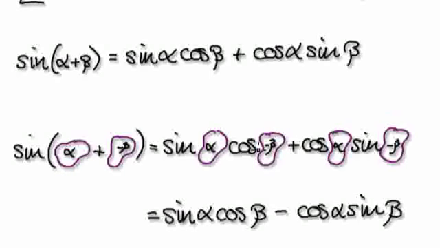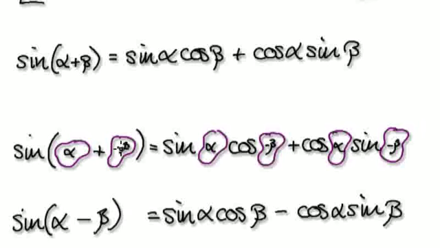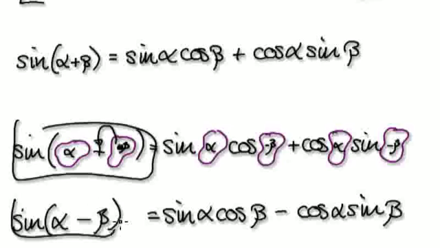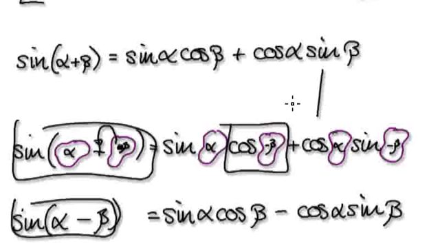Okay, so now tidy this up. When you put minus beta into here, basically it will become this: sine alpha minus beta, because you take the minus out and put it out here. So this thing here will then become this. And remember, cos minus beta, that's an even function.